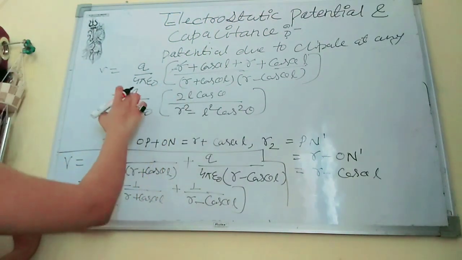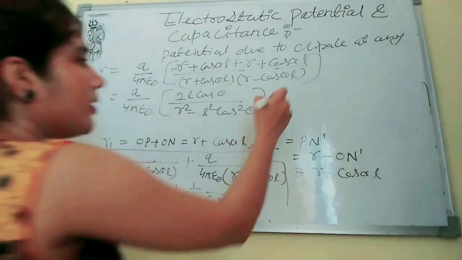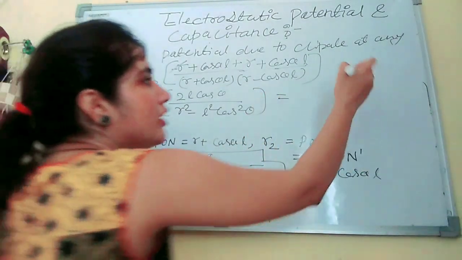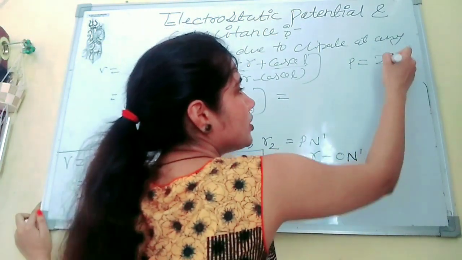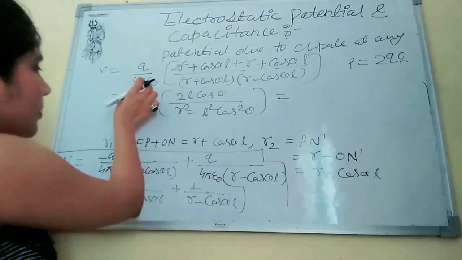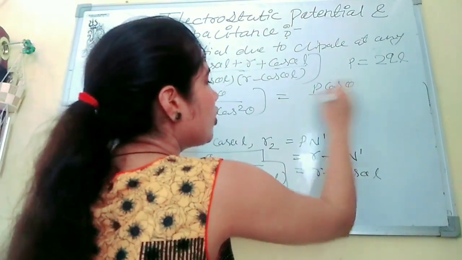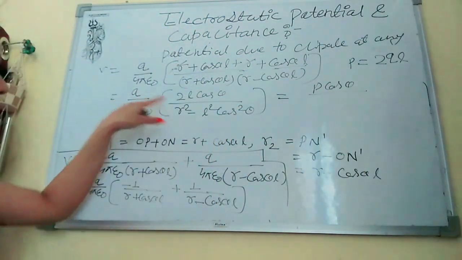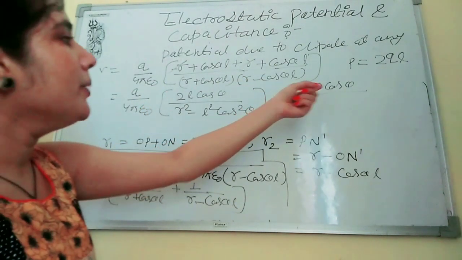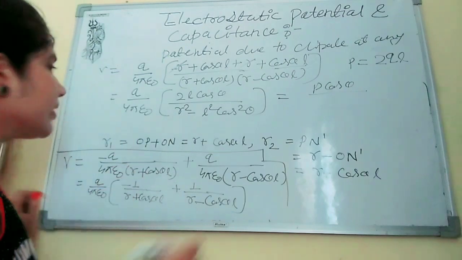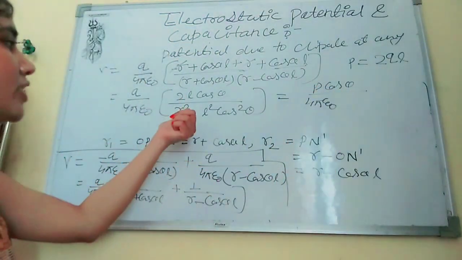Now this 2L will multiply with this Q, that will become 2QL, and the value of 2QL we know is the dipole moment. So we simply put P in the place of 2QL. So that will be P cos theta upon 4 pi epsilon naught R square.